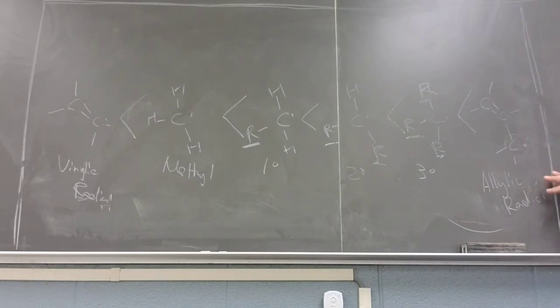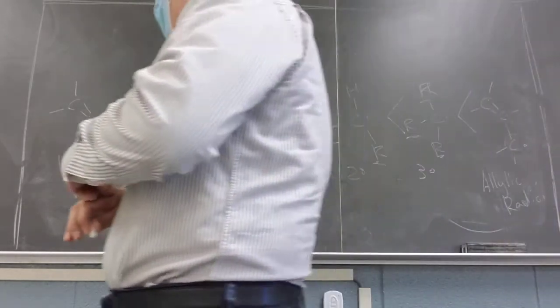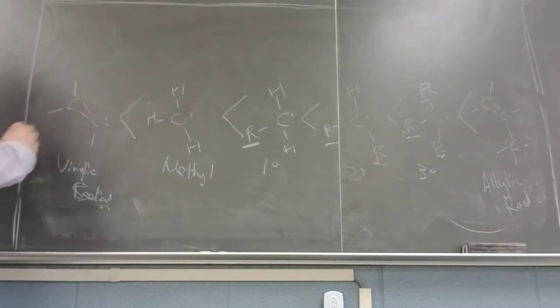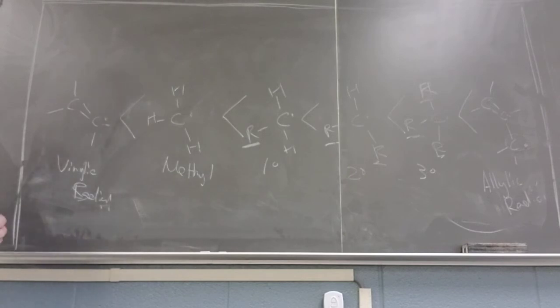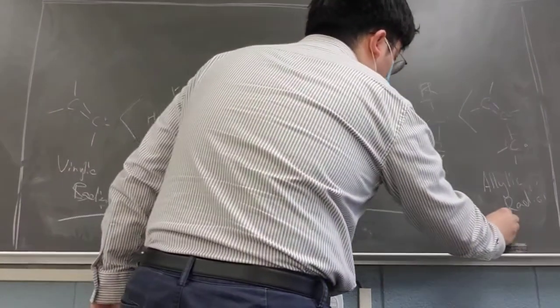So allylic position simply means that there is a carbon right next to the two carbons in the double bond. If you're pointing to the carbon in that double bond as the radical form, this is what we call a vinylic radical. Okay. So this is the trend of the stability.